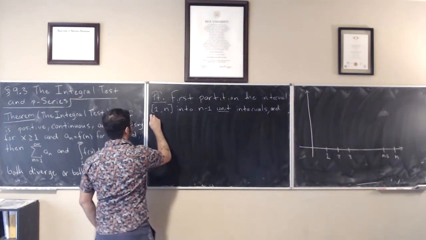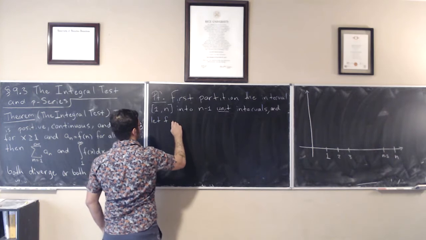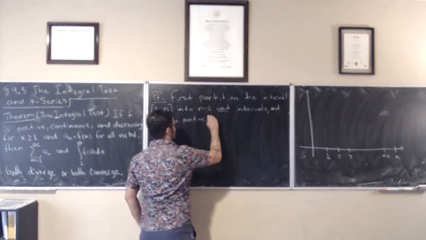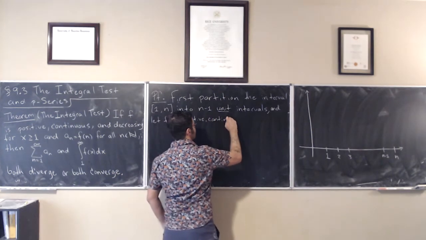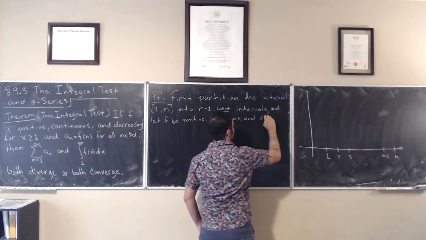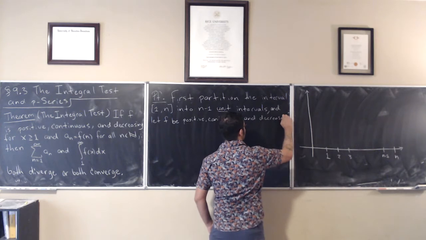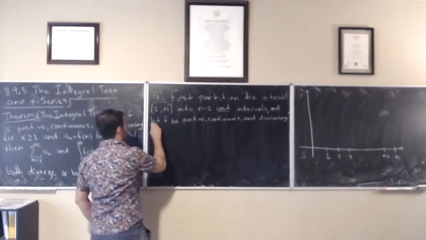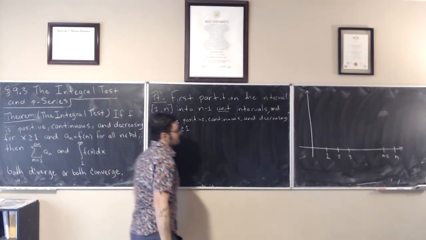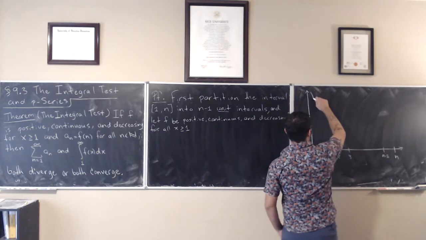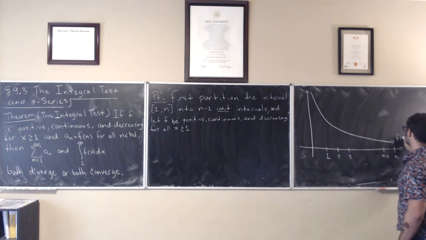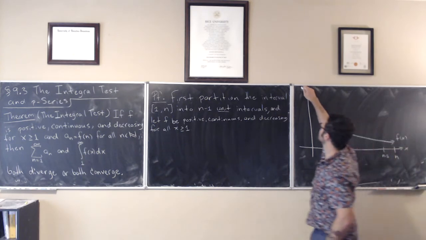Let f be positive, continuous, and decreasing for all x greater than or equal to 1. So that means it's above the x-axis and it's maybe like that or something. Here's a graph of f of x.